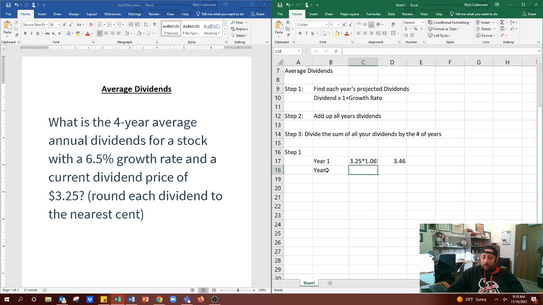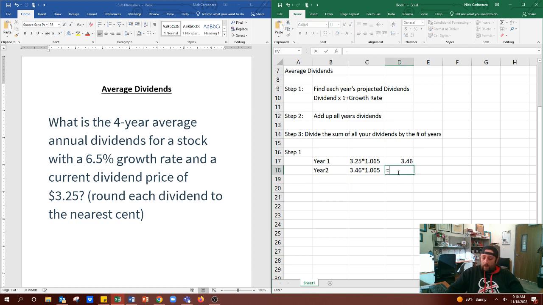We take the 3.46 because that's the new current dividend, given that we just calculated year 1. We multiply it by 1.065 and do the same exact thing. 3.46 times 1.065 equals 3.68 due to rounding.